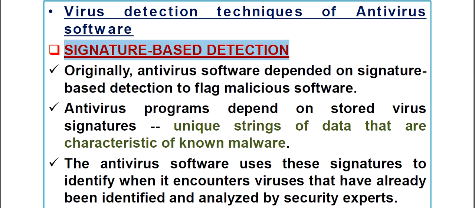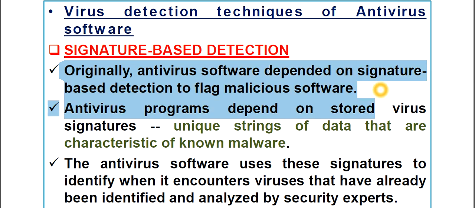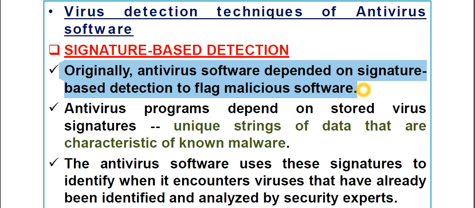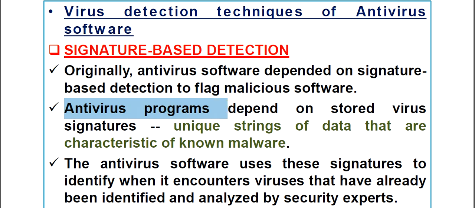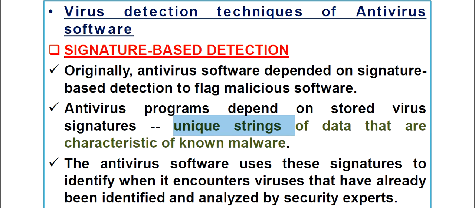Originally, antivirus software depended on signature based detection to flag malicious software. Antivirus programs depend on stored virus signatures. And you know what a signature is? Signatures are unique strings of data that are characteristic of known malware. Got it?